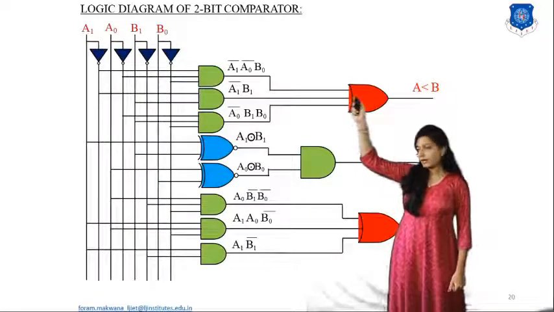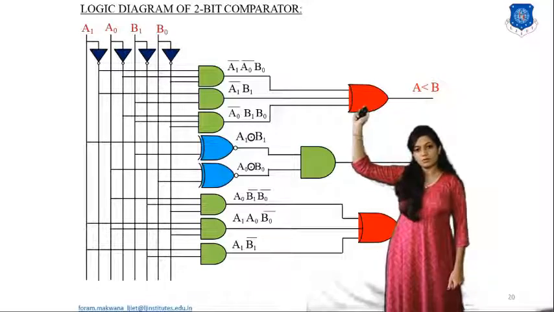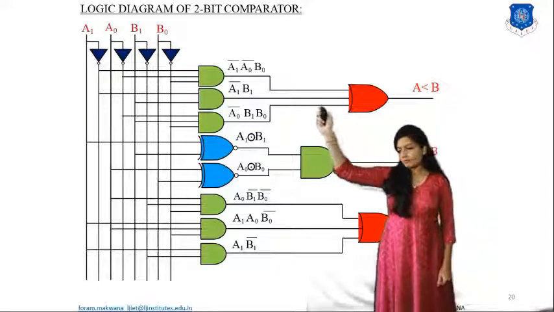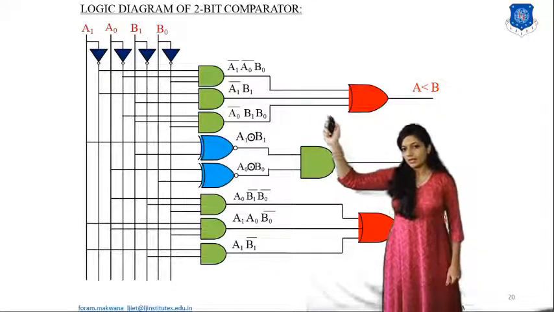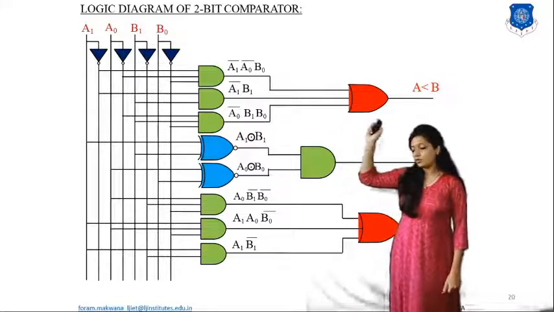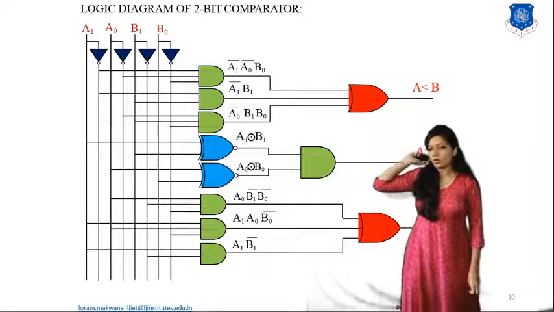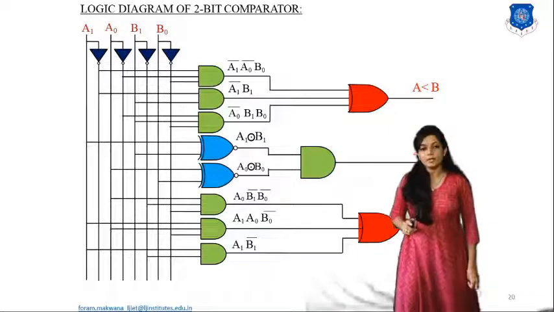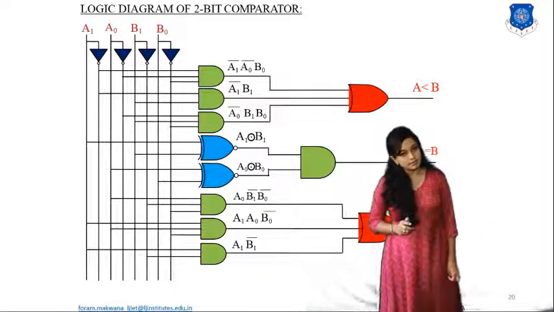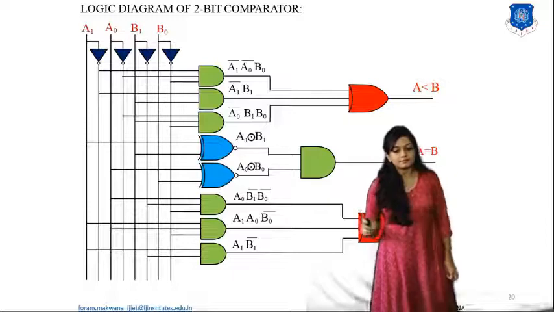So A1 bar, A0 bar, B0 is going to be ANDed, A1 bar, B1 is going to be ANDed, and A0 bar, B1, B0 is going to be ANDed. The resultant is going to be ORed with the help of this gate. This is the output of A less than B.